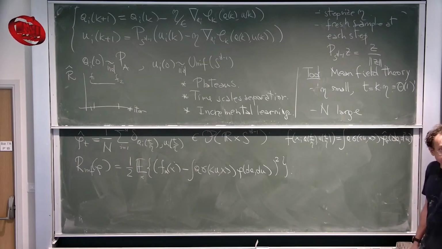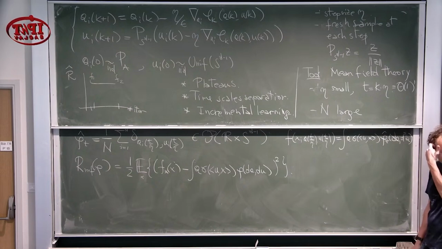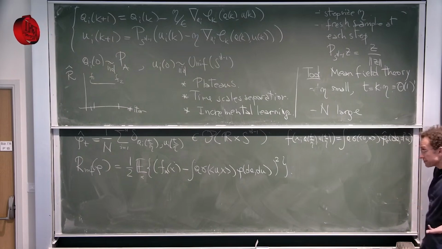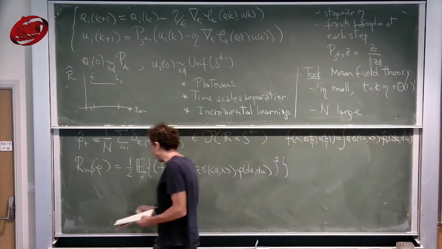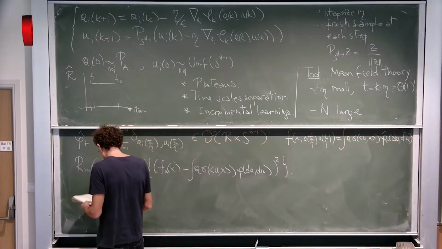So I can take the limit of the number of neurons going to infinity. This makes perfect sense for any rho.